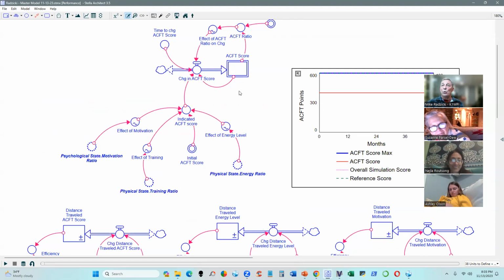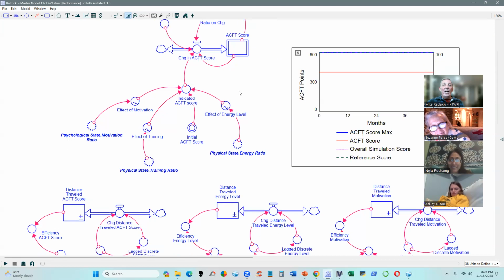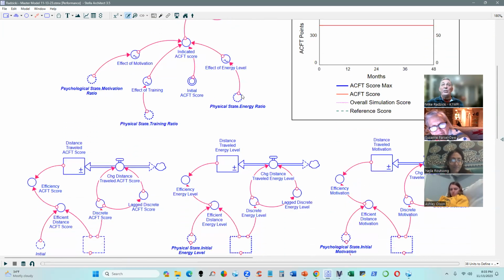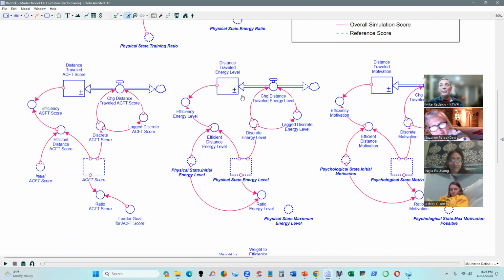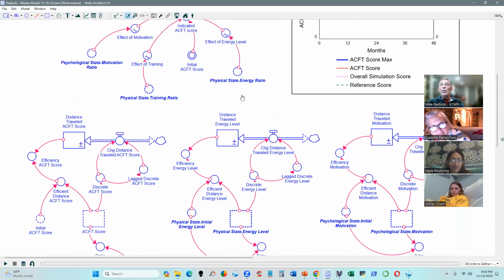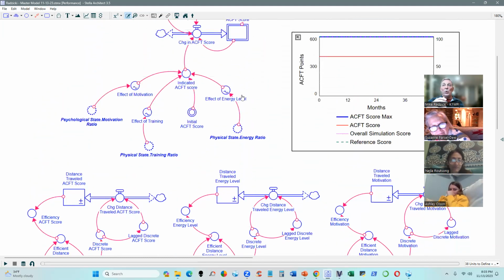And that changes your score. But there's the score on the test, but then we said there's going to be a score on the simulation, because we said it really does you no good to achieve, let's say, a maximum score, or at least the best you can do at the end of your 48 months of training.